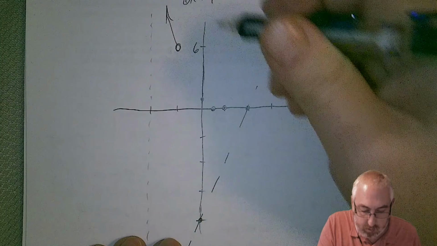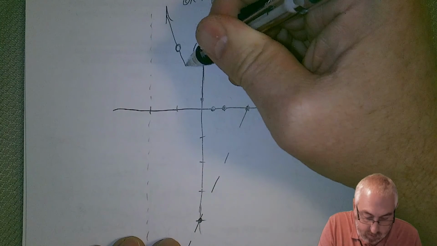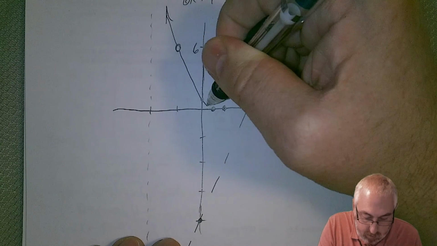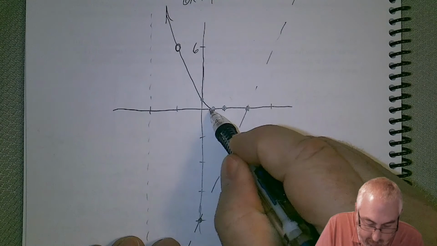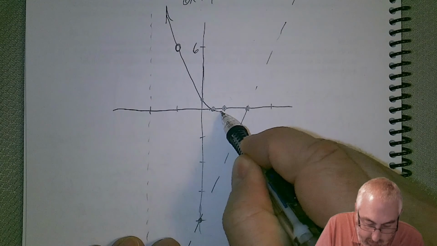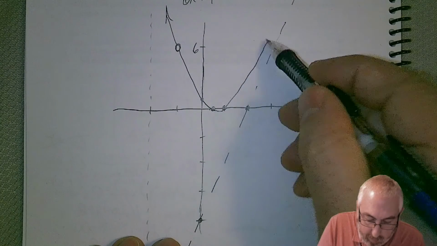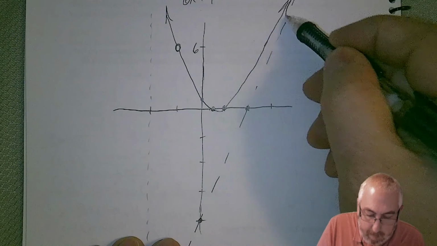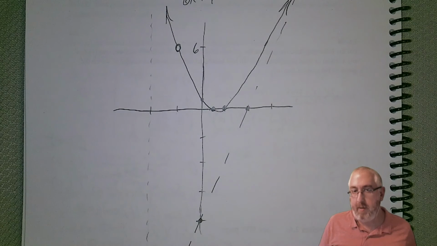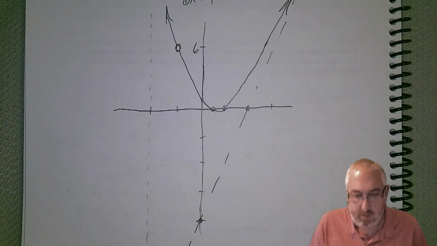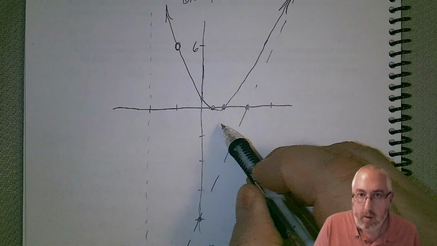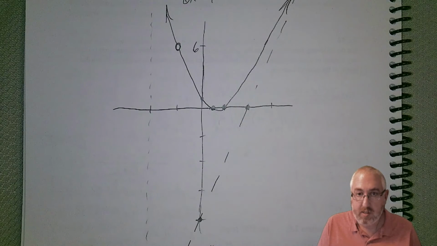I think that really lends more credence to what's happening. It's going to just tuck underneath the x-axis and then go up off this way. Something like that. Not perfect by any means. It might go lower or something, but this is a rough sketch.